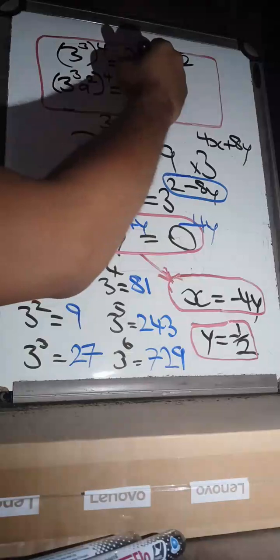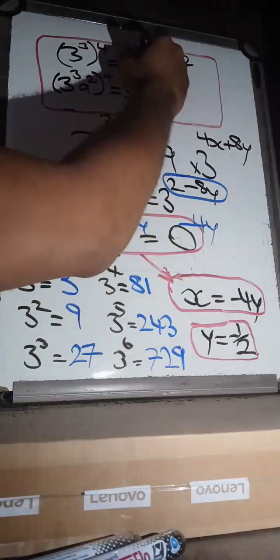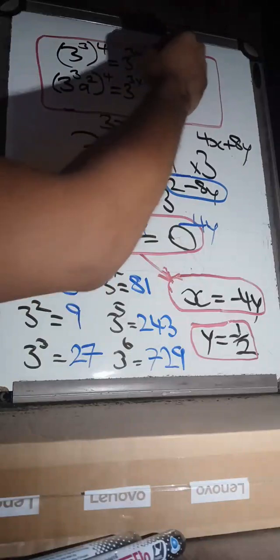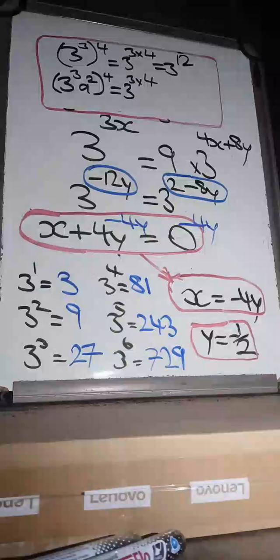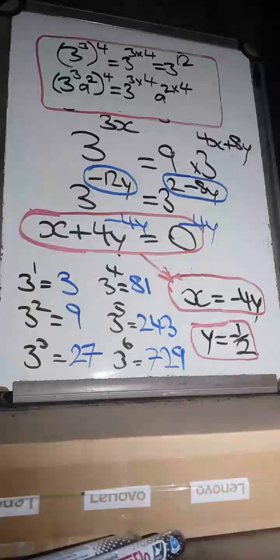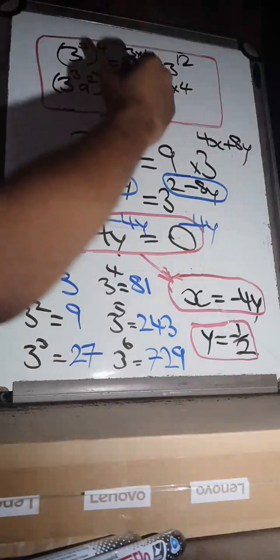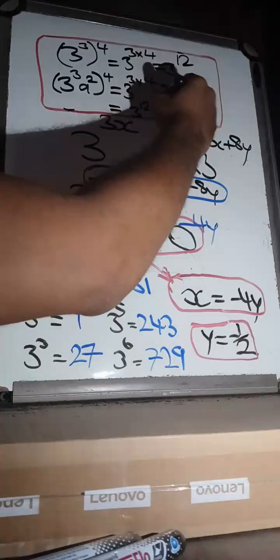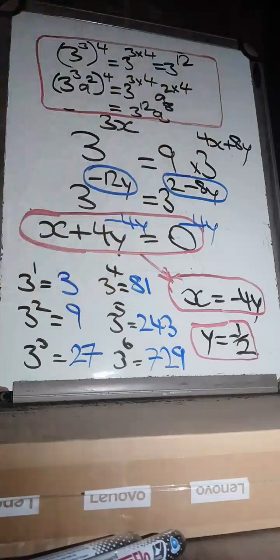So yes, it's true that you're still going to have 3 to the 3 times 4, but also you're going to have a raised to the 2 times 4 as well. So then now in this case you're going to end up with 3 to the 12 and a raised to the 8.